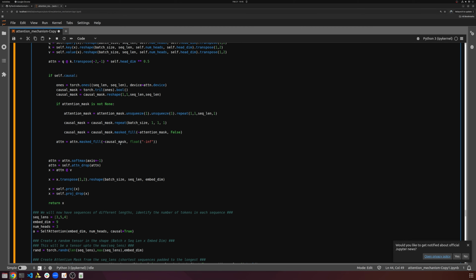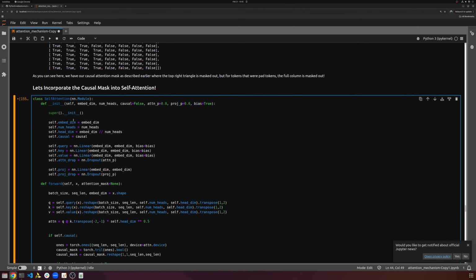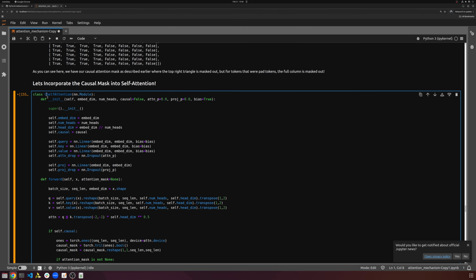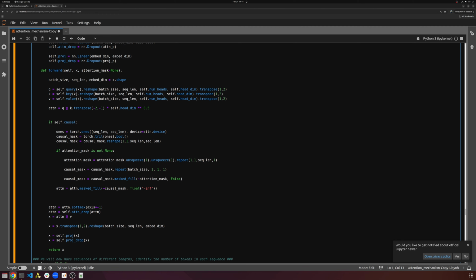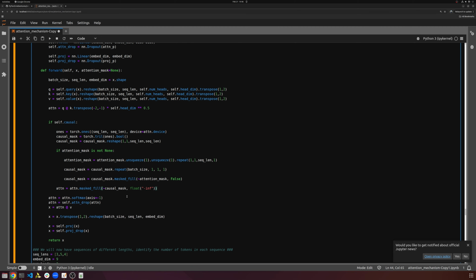There we go. Now this actually isn't the best implementation. This should actually just be a causal self attention. Notice that if I pass in an attention mask, but I'm not causal, then this chunk actually won't run, and that's fine. We're going to write a better version of this anyway in the future. That's just my bad, but yes, so this should be good to go.